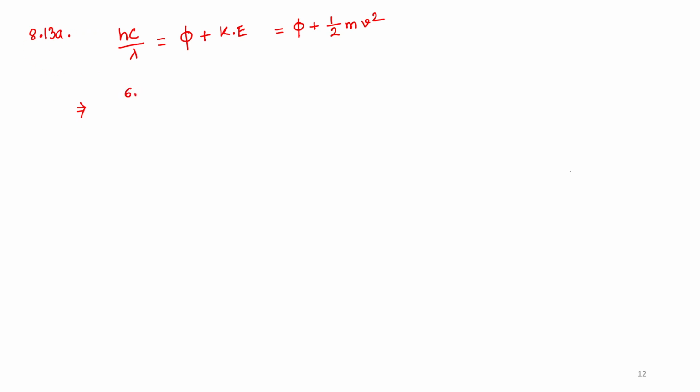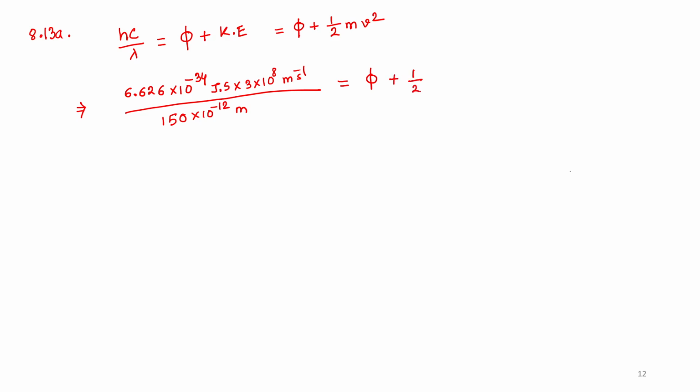So this is 6.626 into 10 to the power minus 34 joule second into 3 into 10 to the power 8 meter per second, divided by 150 into 10 to the power minus 12 meter, is equal to phi plus half the mass of an electron, 9.3 into 10 to the power minus 31 kilograms, times v square, where velocity was 21.4 megameters, that is 10 to the power 6 meter per second, squared.